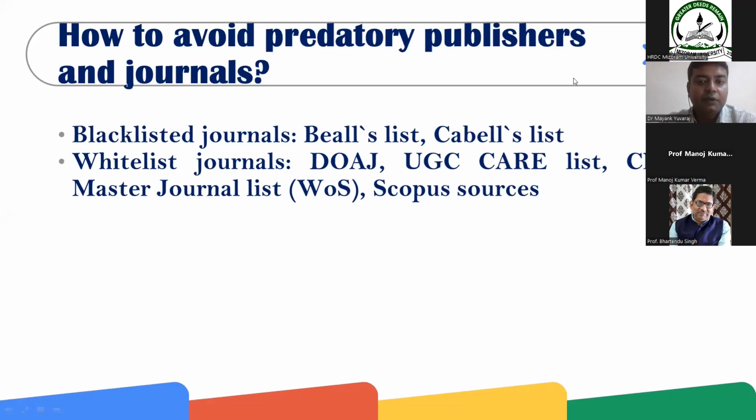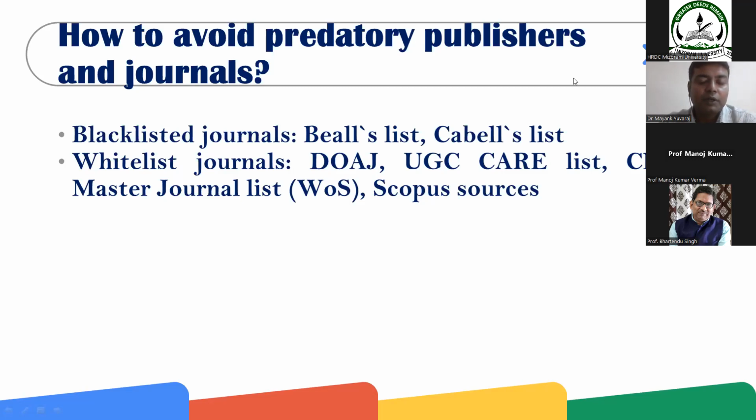Then the other tool is Cabell's list. This is not open source, it is a commercial database, but it also offers the complete details of blacklisted journals. Apart from the blacklisted journals, there are some sources to know about the whitelist journals, which are the recognized journals where you can submit your papers.